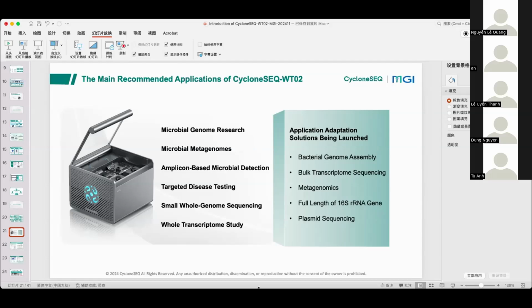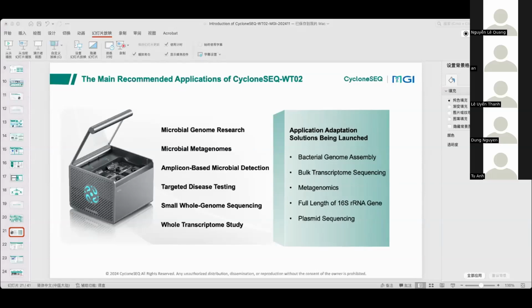Okay. So we have another question from Ang. He's asking how many indexes there are in a barcode kit. Currently, we have kits for two types of indexes: one kit for 24 indexes and one kit for 96.